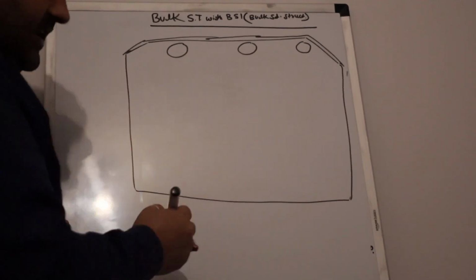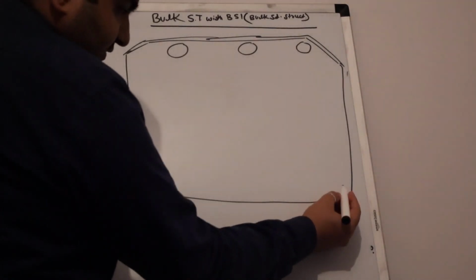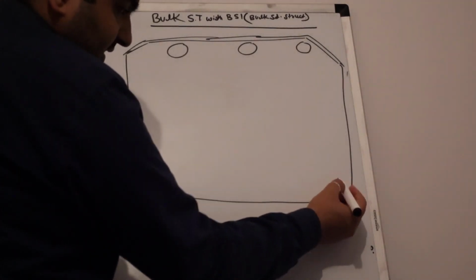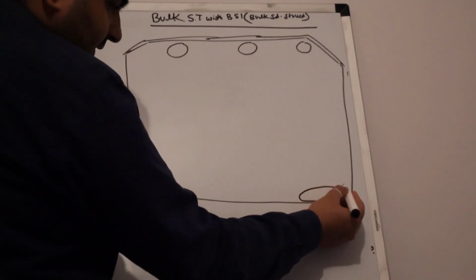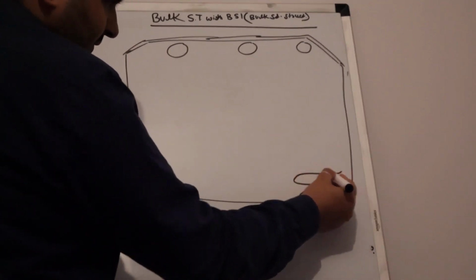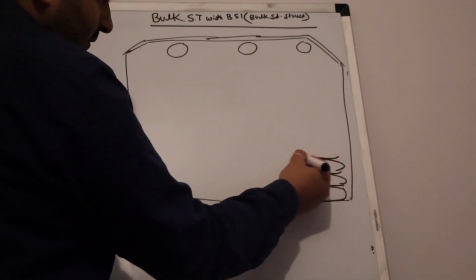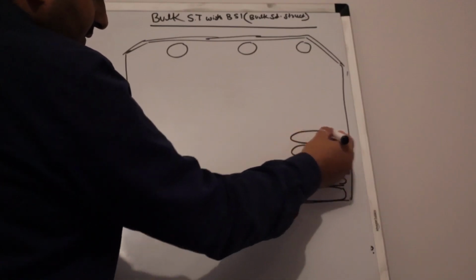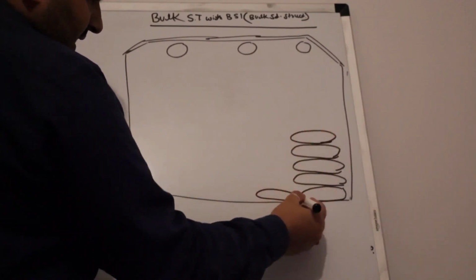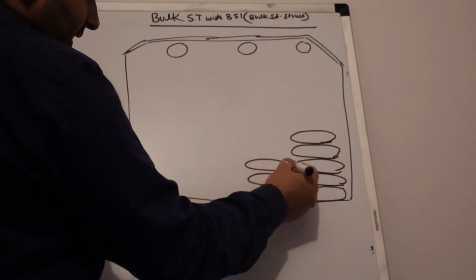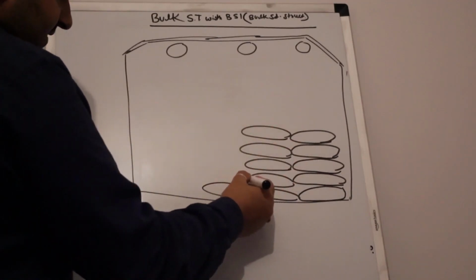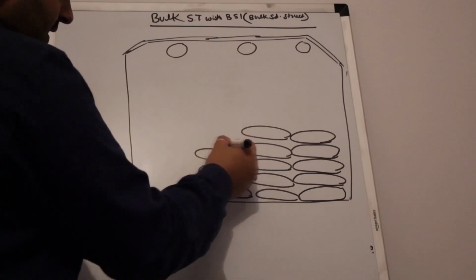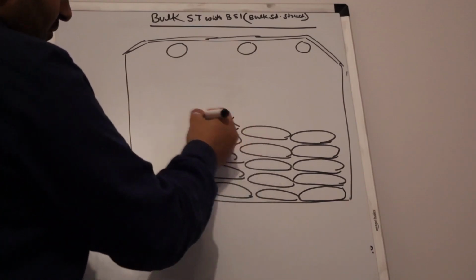So the bulk storage process comes into the picture. How do we manage these bags here? For example, one bag, two bags, three bags, four bags, five bags, another bag, another bag. In the same way, in the same form, we put multiple bags on top.